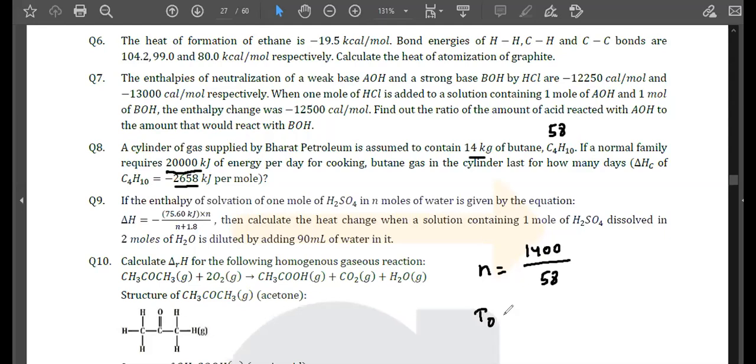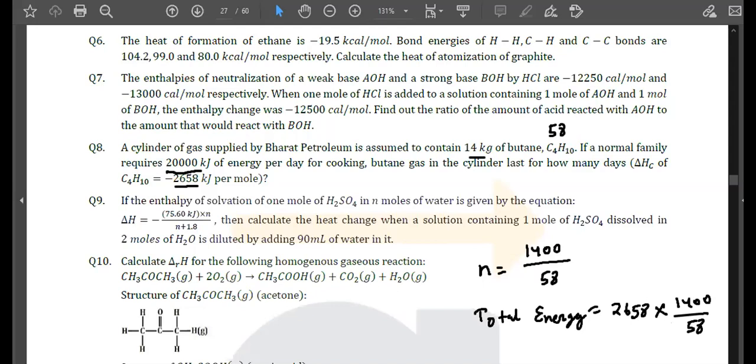Total energy supplied is equal to 2658 into number of moles, 1400 by 58. Yes or no? Right? This is total energy.